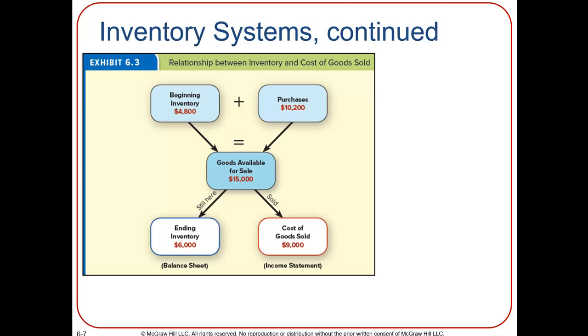So, notice what happens there. When you take beginning inventory plus purchases, that builds your entire goods available for sale, and then goods available for sale then gets broken out between 2 items, ending inventory, or cost of goods sold, at the end. Okay? So everything has to add back to goods available for sale. All right? How we doing?